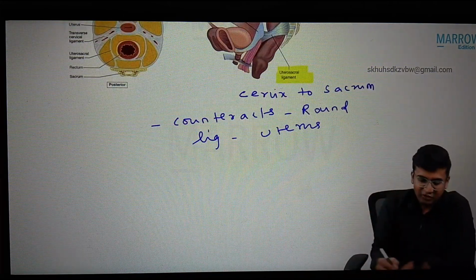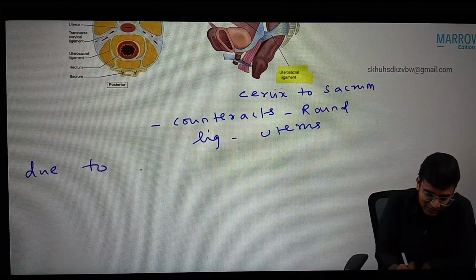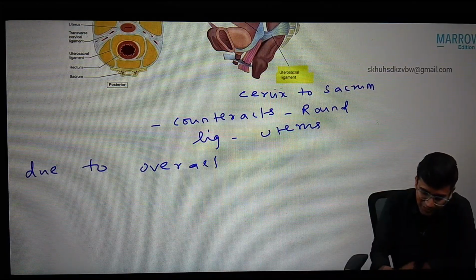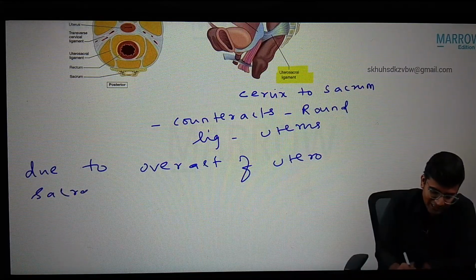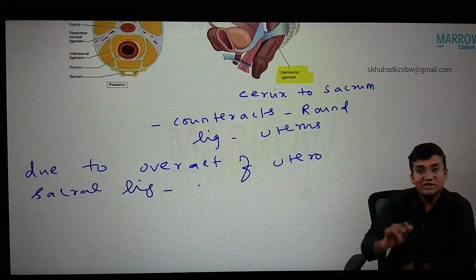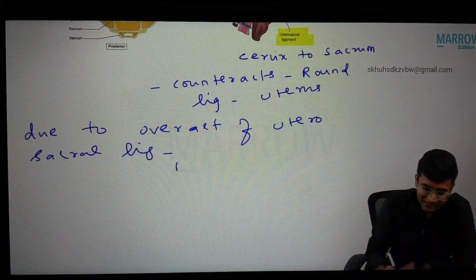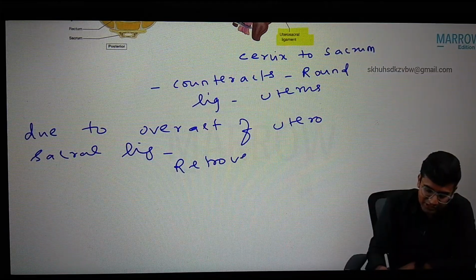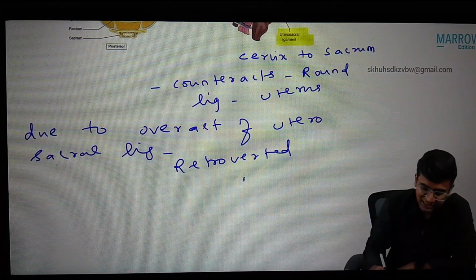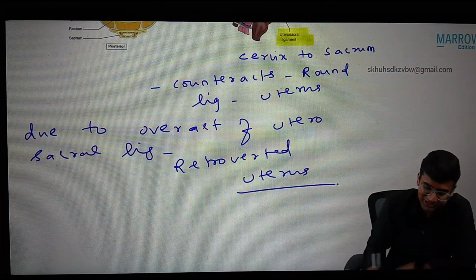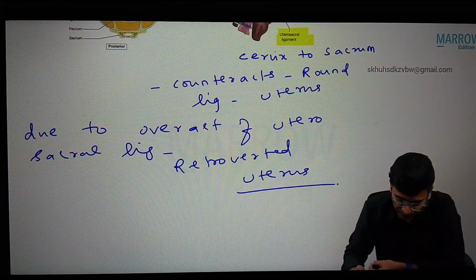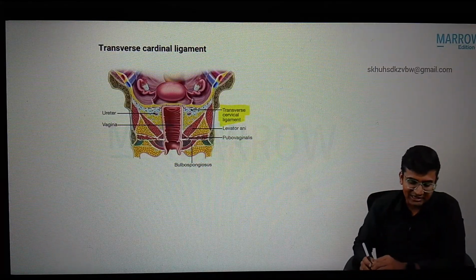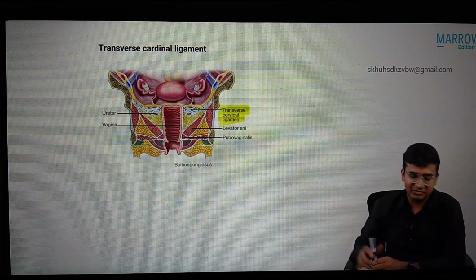Due to overactivity of the uterosacral ligaments, the uterus bends on the backside, and that is called retroverted uterus. Next one, the transverse cardinal ligament or transverse cervical ligament.